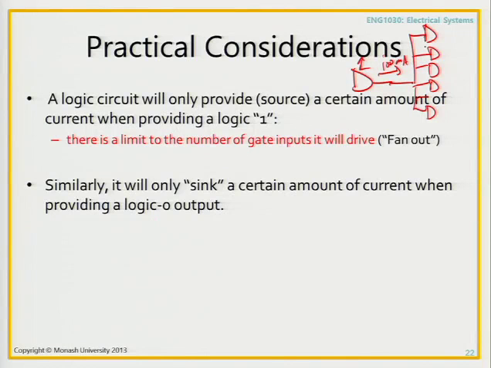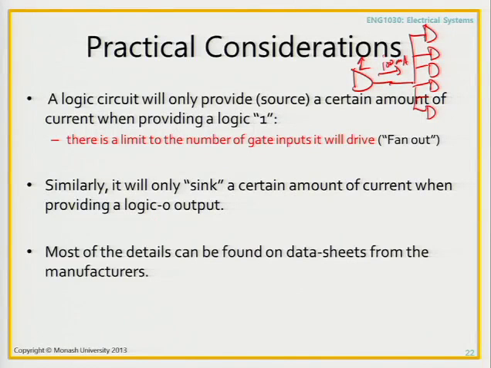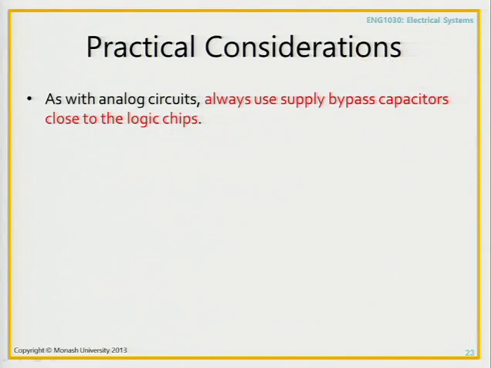You can't connect 50 gates and expect it all to work off one output. Most of these details will be on the data sheets. They'll tell you how much current you can provide and how much fan out, or how many gates it will drive.